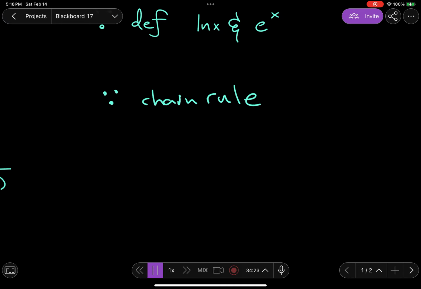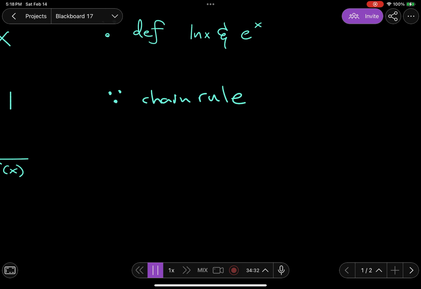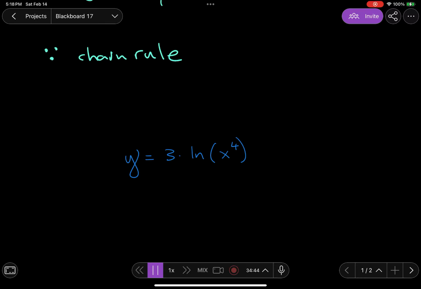Quick application. What if I had something like this? y is equal to 3 times the natural log of, I don't know, x to the 4th. All right. So with this new rule, if I wanted to take the derivative, y prime, the 3 just hangs out.